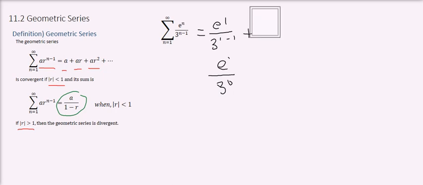Our next term is going to be e squared all over 3. N is 2, so 2 minus 1. So that's the same thing as e squared all over 3 to the first.